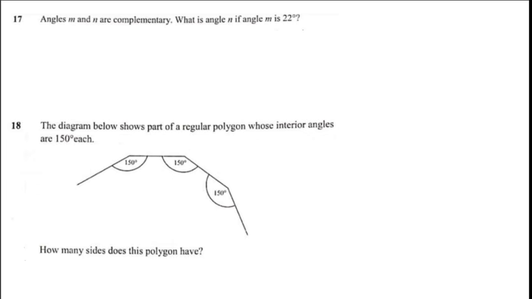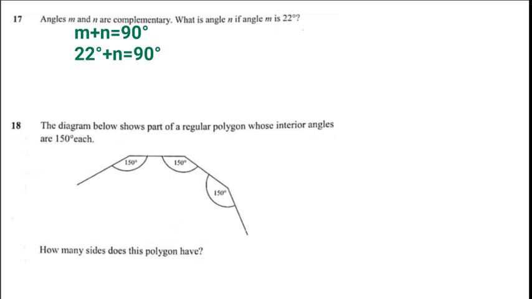So that means we're going to come up with an expression which is M plus N is equal to 90 degrees, since they are complementary. Then we're going to replace M by its value, which is 22 degrees plus N is equal to 90 degrees. Then we're going to put like terms together.